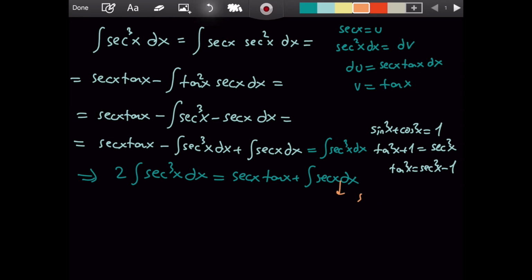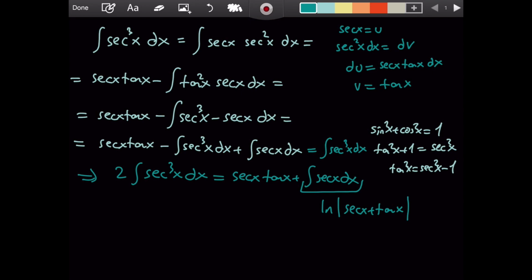That's no problem. But I trust that you can do it. Just give it, I don't know, 30 minutes. I think it will take less than that, but just work on this for 30 minutes at least if you can't do it, and I'm sure you'll get it done. So this is going to be ln secant of x plus tangent of x. As I said, I suggest that you try to see how this is correct.